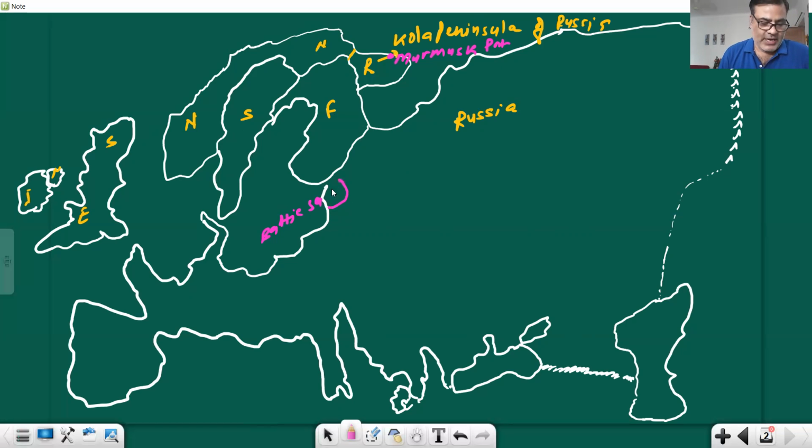This is Estonia, then here it is Latvia, and here it is Lithuania. These three are called the Baltic states. Remember that. And these are called Scandinavian countries.